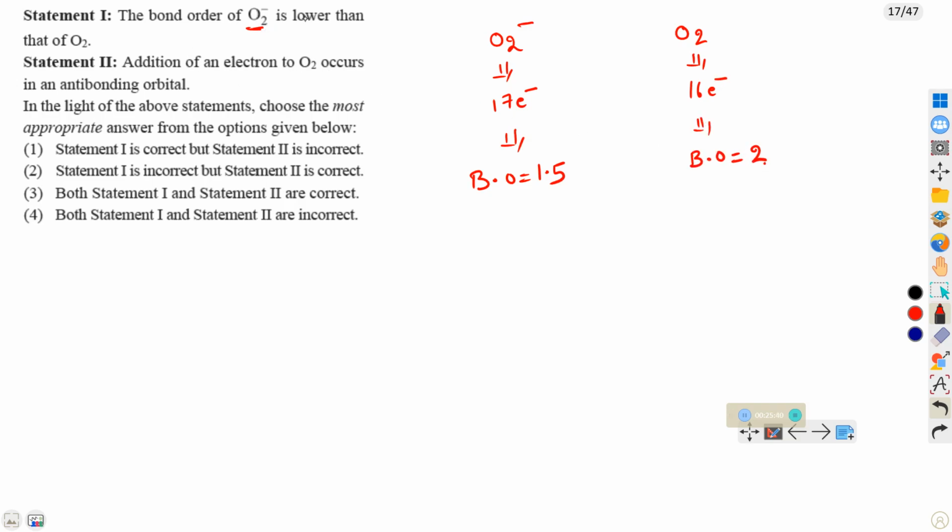The bond order of O2 minus is lower than O2. Correct statement. Addition of an electron to O2 occurs in an anti-bonding orbital. Correct. Both the statements are correct.